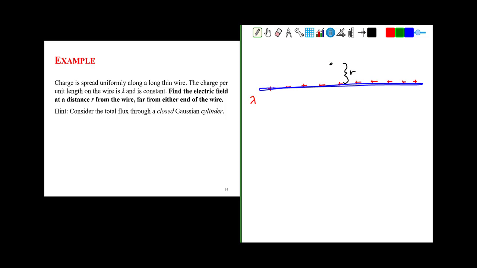We have to choose a surface that matches the symmetry of this long line of charge. Now, you might remember that a long line of charge is cylindrically symmetric.